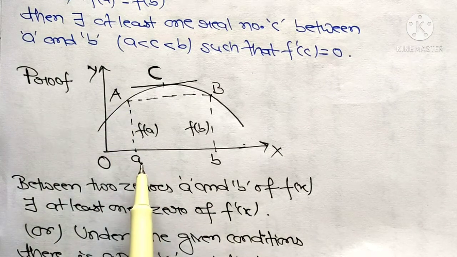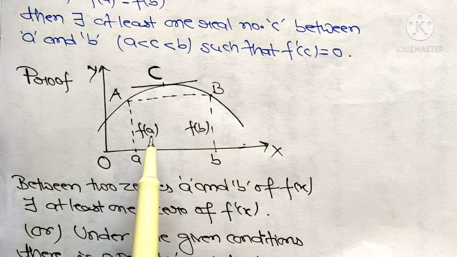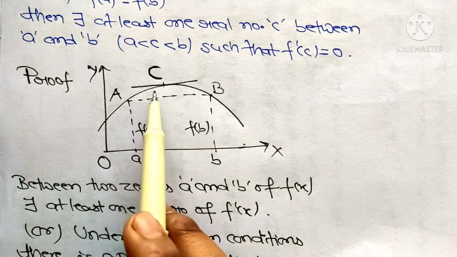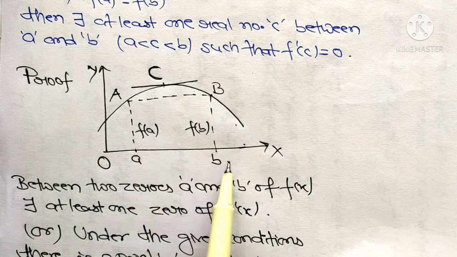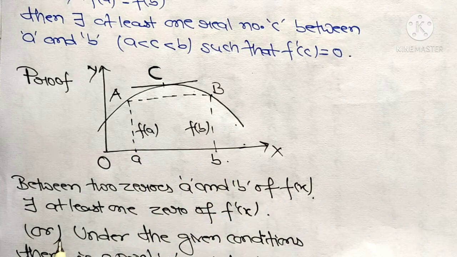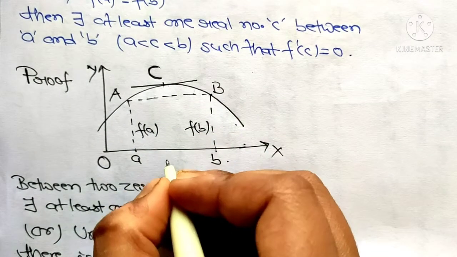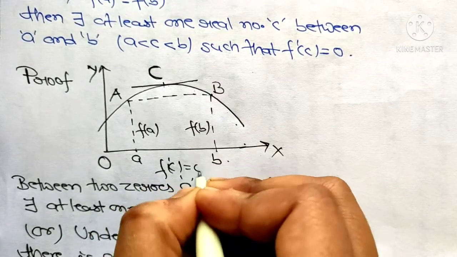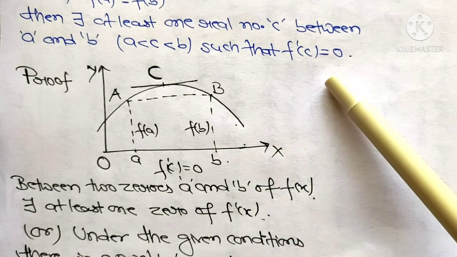As you see in the graph, there are two zeros a and b of the function f(x), that is f(a) and f(b). In between two zeros of function f(x), we get one zero of f'(x), that is c. That means f'(c) is equal to 0, which is our theorem we are going to prove.